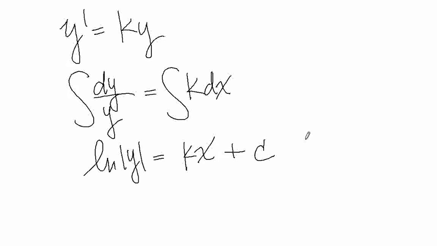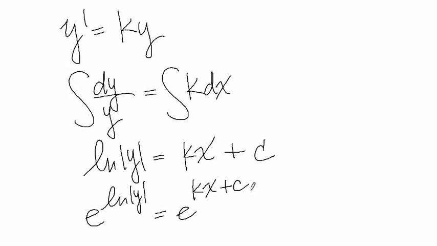Now, what I can do is treat both sides as the exponents of e. So I get e to the ln of the absolute value of y equals e to the kx plus a constant. Now, the left side simplifies to the absolute value of y. The right side can be written as e to a constant times e to the kx.